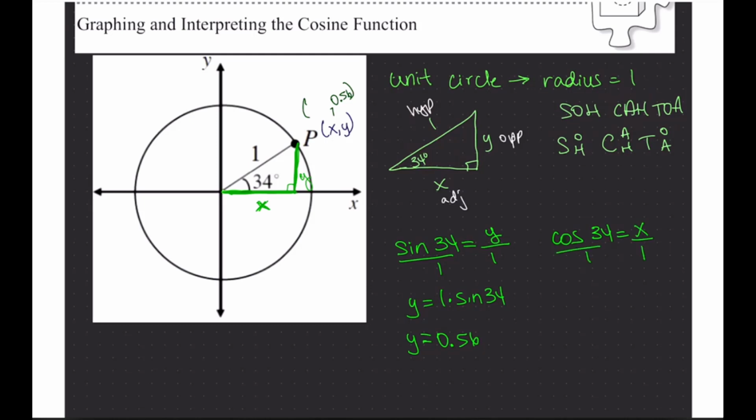And if you want to make that a fraction, try some cross multiplication. Cross multiply, what do we get? X equals the cosine of 34. You guys put that into your handy dandy little calculator, didn't you? 0.83, right? So now we know that the x value is 0.83.